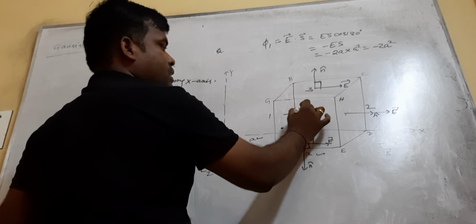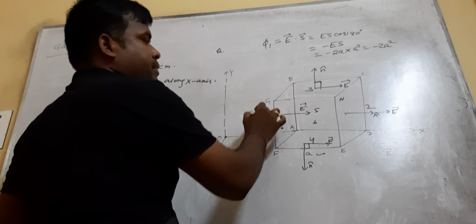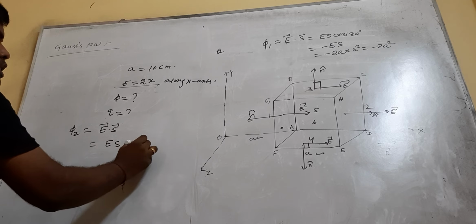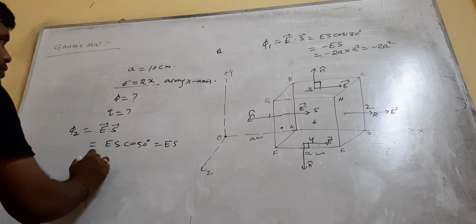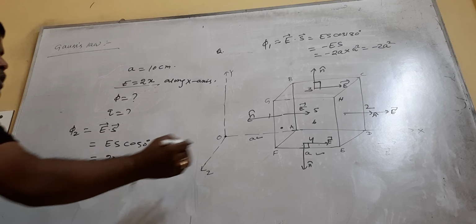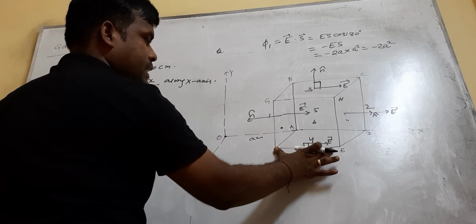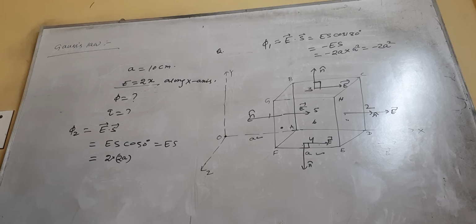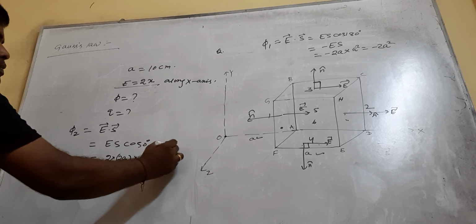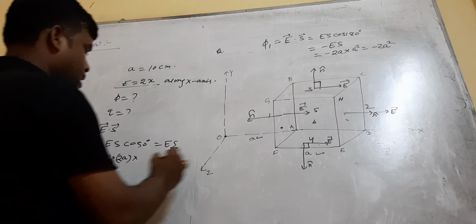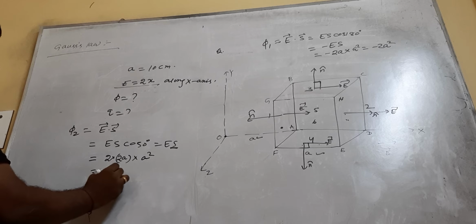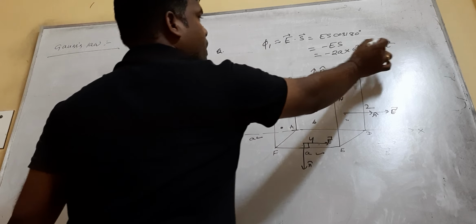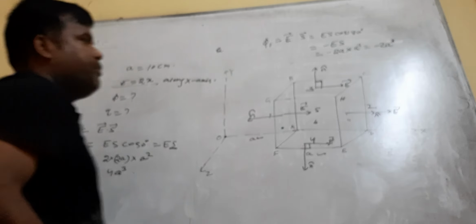So same direction for second face, that is ES cos 0 degree, that is ES. What is E? 2 into x. What is the x for this face? It is 2a, that is, in place of x, you write 2a. What is area? Area is a square, this face area. That is equal to 4a cube.